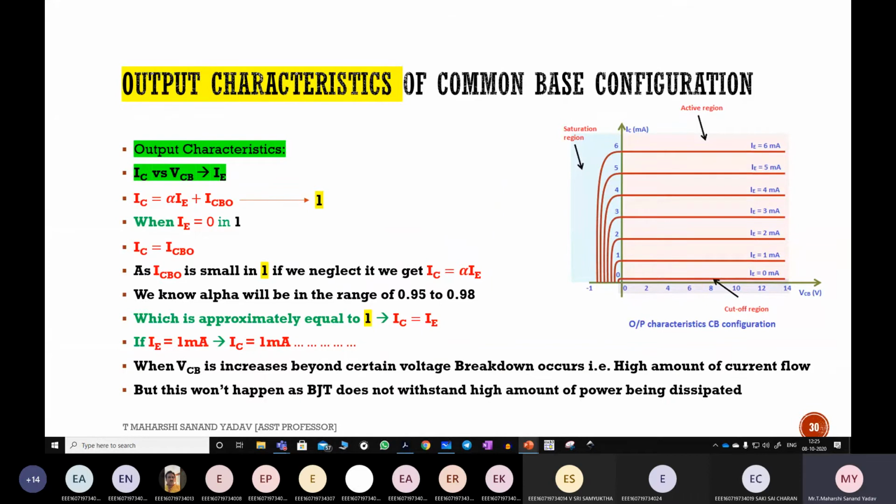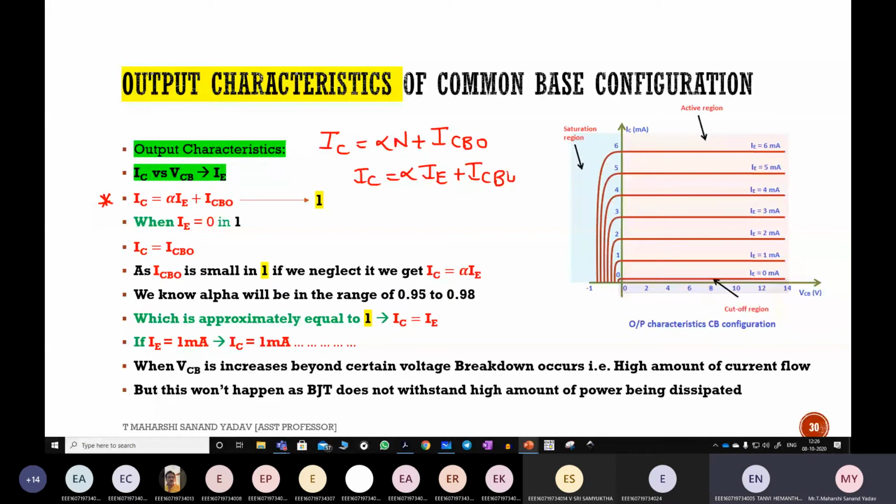Again, everything will be same. How did I get IC equal to alpha IE plus ICBO? The current present in the collector is alpha times IE plus the reverse saturation current. So that's why I got this.